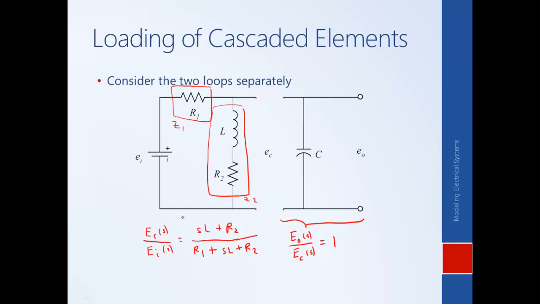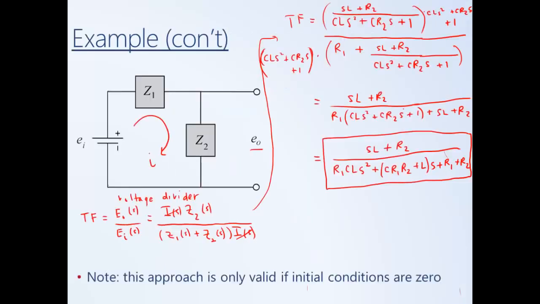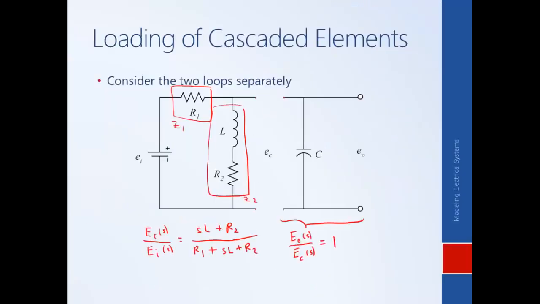If we multiplied these two transfer functions, we would not get the same expression as we had on the previous slide. So this was what we found for the transfer function EO of S divided by EI of S. In the past, we had made the assumption that transfer functions of systems in series multiply, but if we multiplied these two transfer functions, we would not get the same expression as we found on the previous slide.